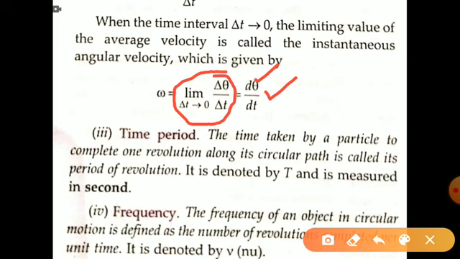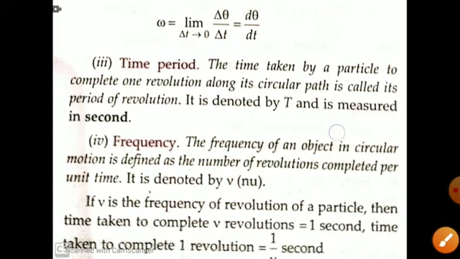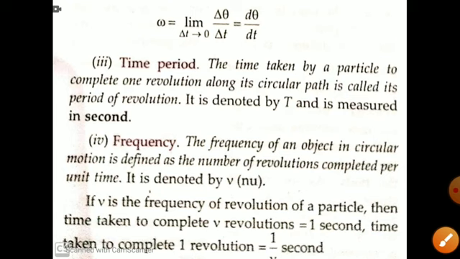And the next term is time period. What is the time period? It is the time taken by a particle to complete one revolution along its circular path. It is denoted by capital T. You have studied the time period in class 9th also, that is the same thing.